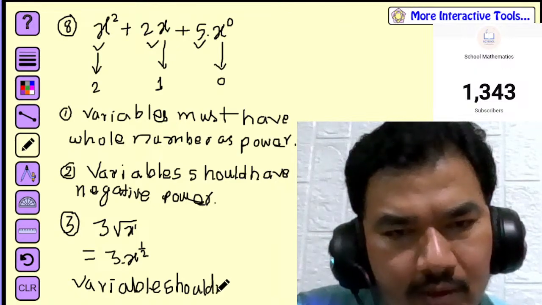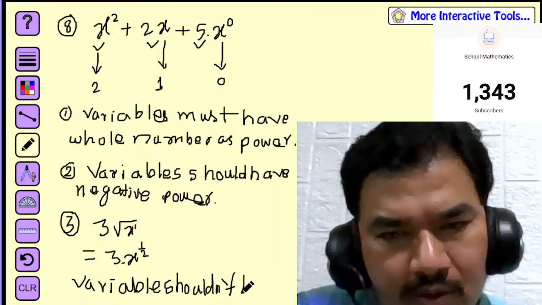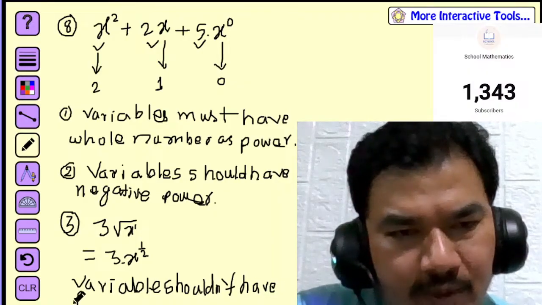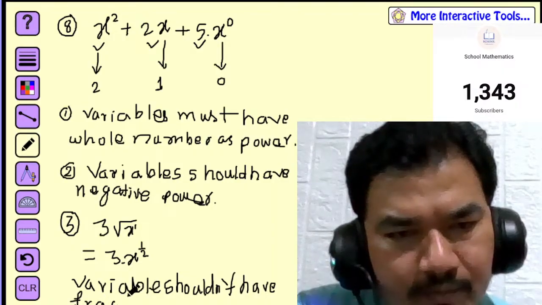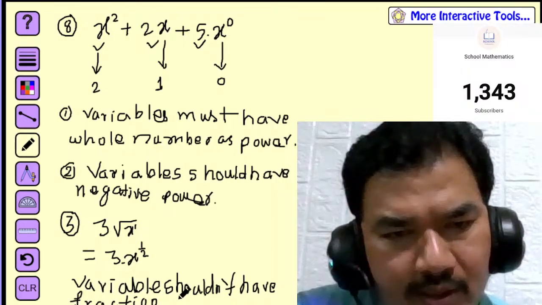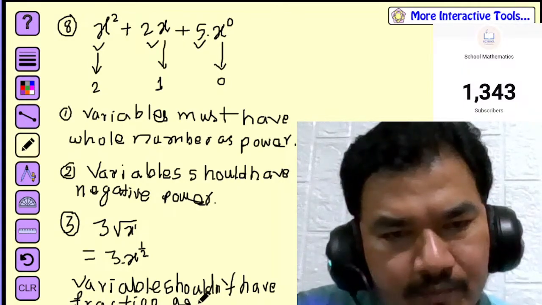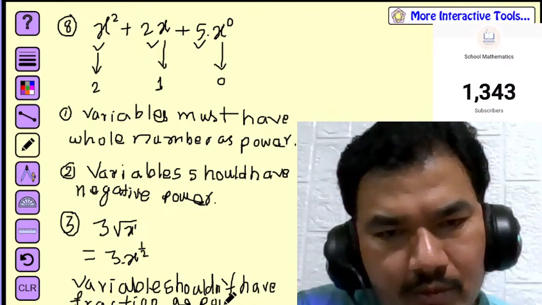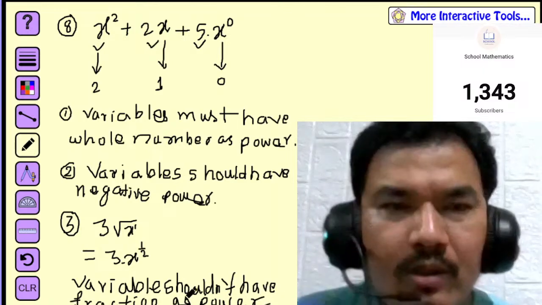To be a polynomial, a variable shouldn't have a fraction as power, fractional power, okay? A fraction as power we have to tell is not allowed, right, like this.